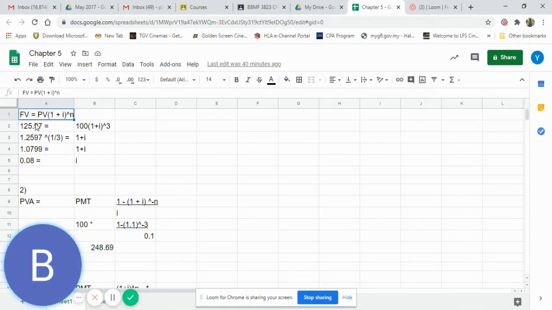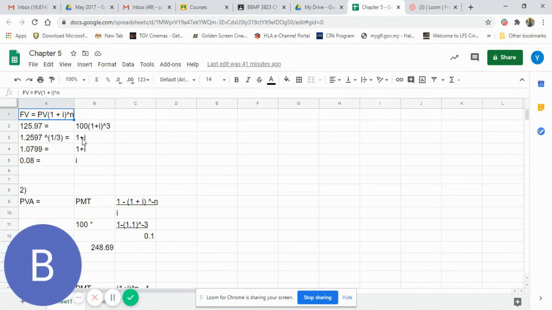First the 100 goes to the other side, therefore you divide, and it becomes 1.2597. Then the power of 3, when you bring it to the other side, becomes the power of 1 over 3.